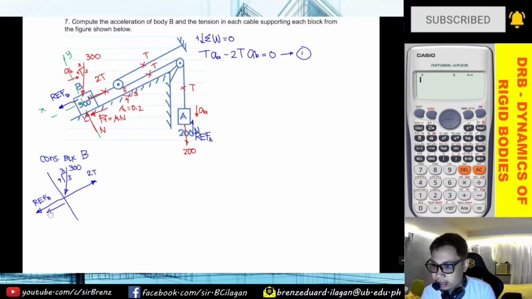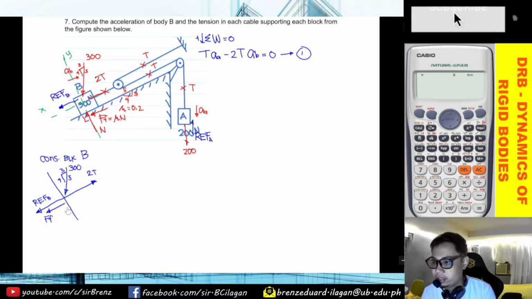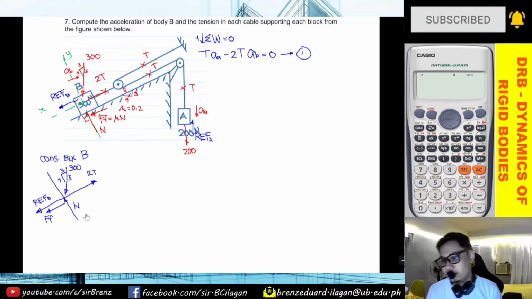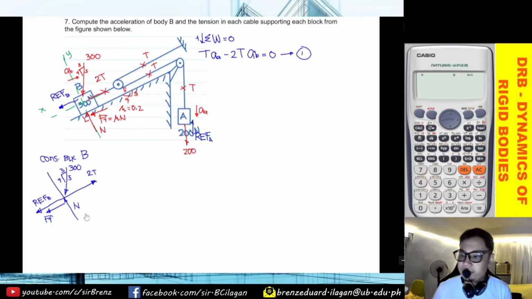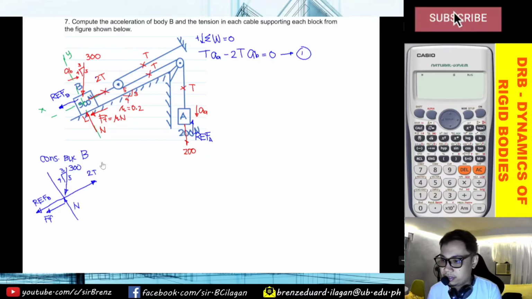So, huwag malilito ha. So, in-offset ko lang siya kasi makalimutan natin. So, meron ka ditong frictional force. And then, ano pa ba? So, I almost forgot the normal force, which is going upward direction. Okay, so with this, I think it's better if we solve first for the normal force.